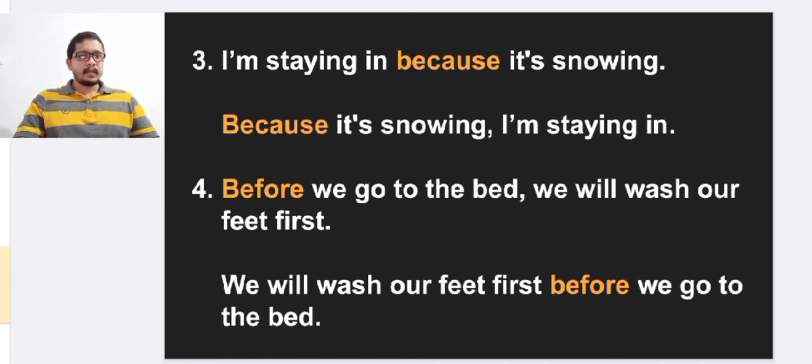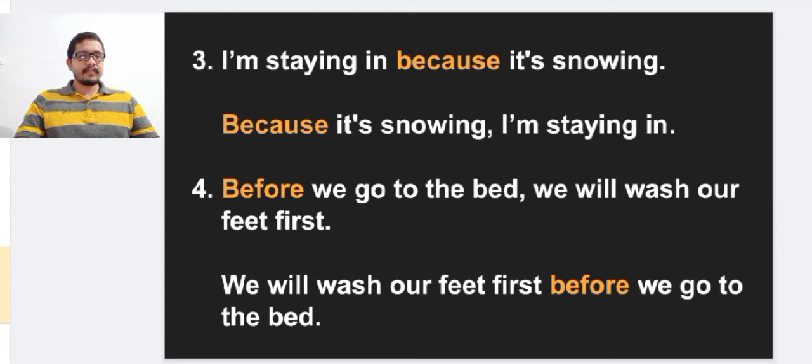Let's see the fourth one. Before we go to the bed, we will wash our feet first. So can you identify the conjunction here? Yeah, it is "before." So, before we go to the bed, comma, we will wash our feet first. So here a comma is used after the dependent clause because the dependent clause comes first and the independent clause comes second. That's why after the dependent clause we used a comma, as per the rule of English.